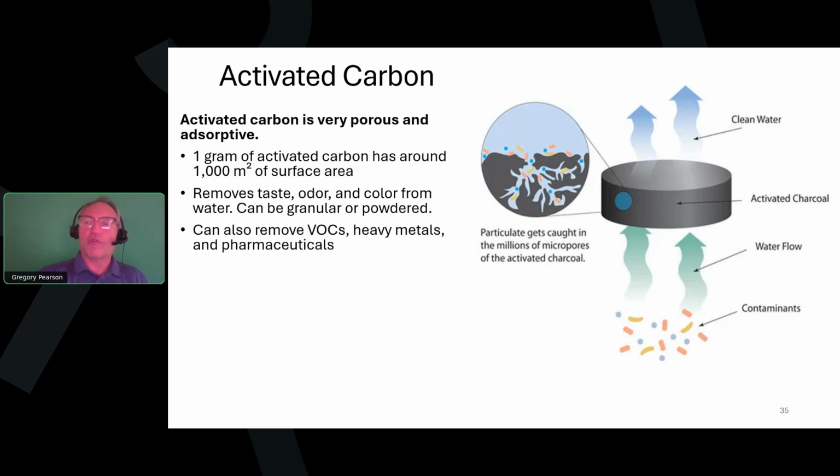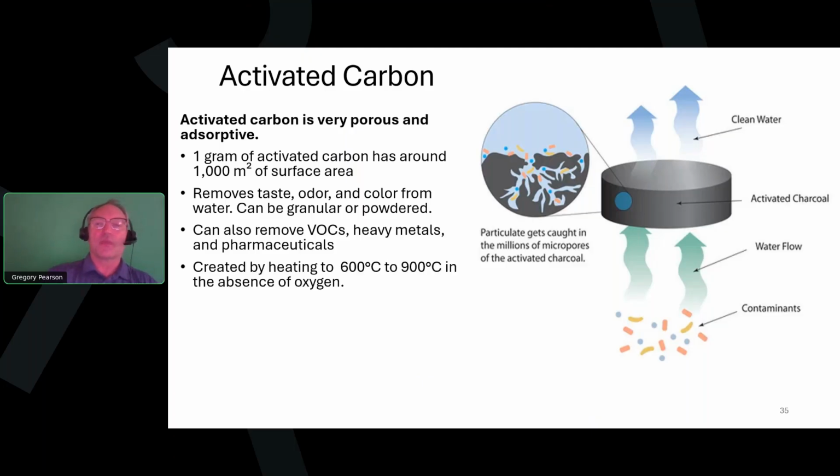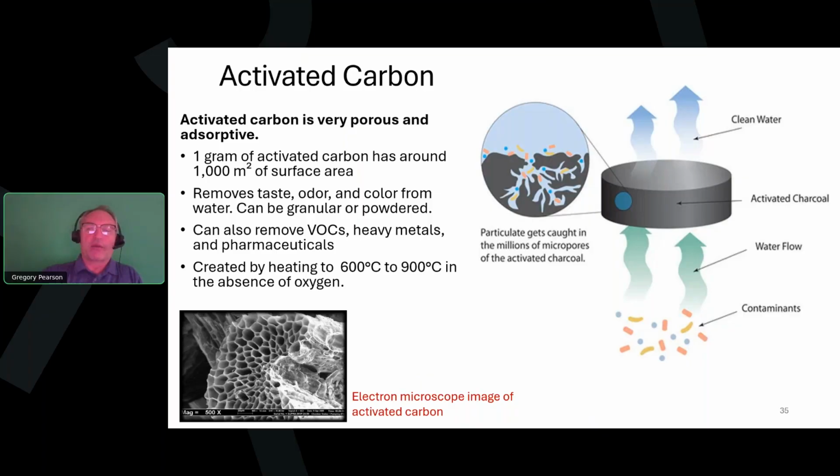It can be used to remove VOCs and heavy metals and pharmaceuticals, and it's also one of the recommended PFAS treatment technologies. It's created by heating it to a very high temperature in the absence of oxygen. And here's an electron microscope image of activated carbon, and you can see all the pores. It creates a very complex structure where contaminants are trapped.